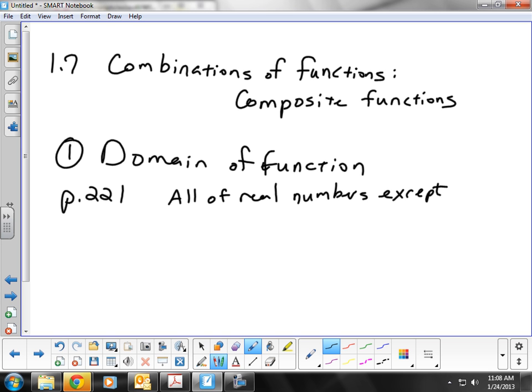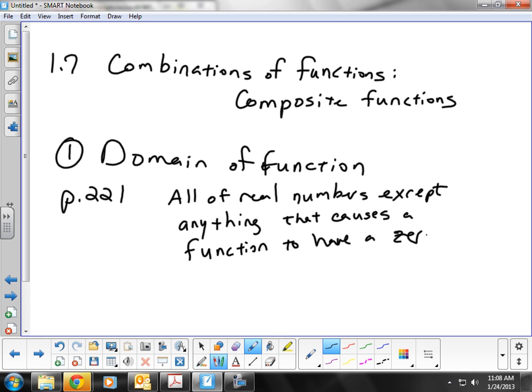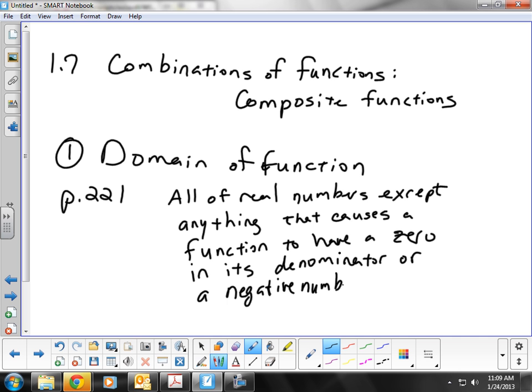Except anything that causes a function to have a 0 in its denominator, or a negative number under a radical with an even index.